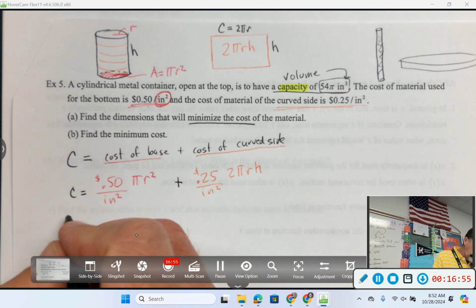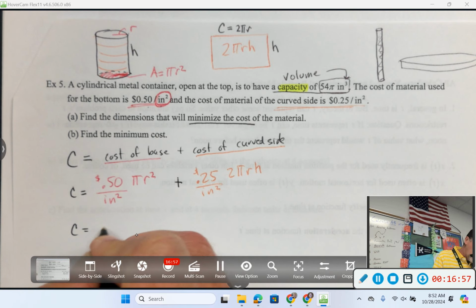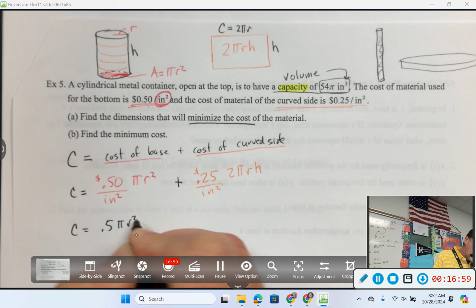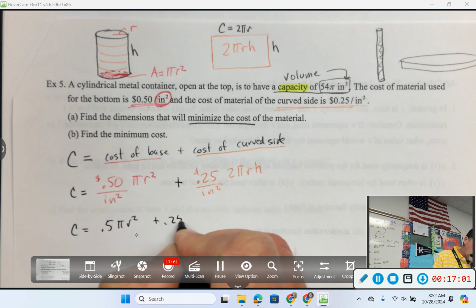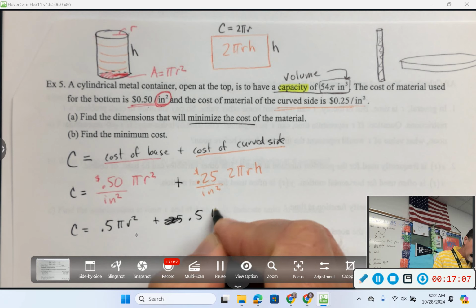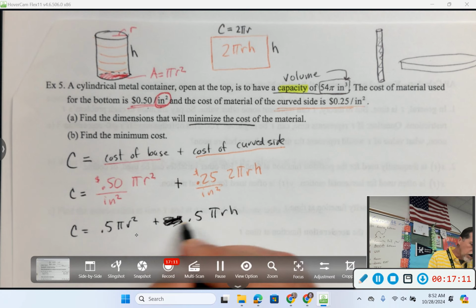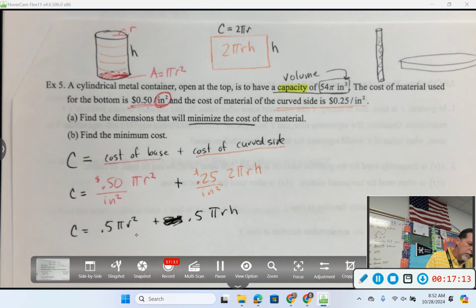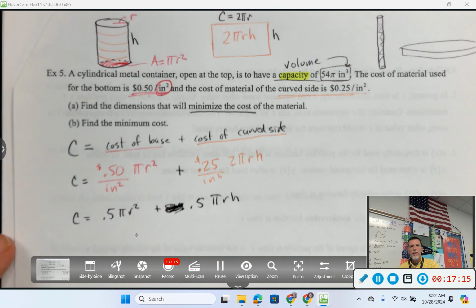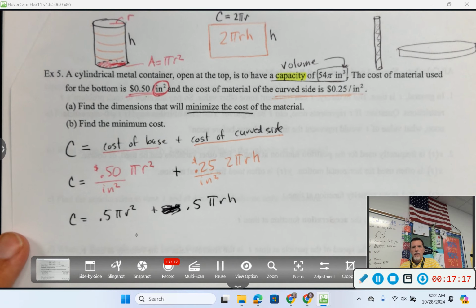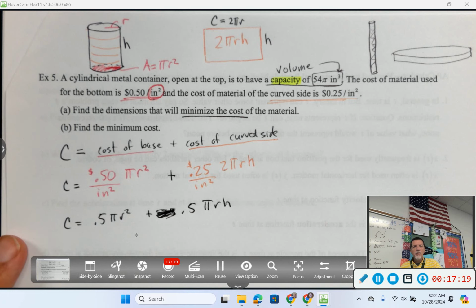Okay, so let's clean this up a little bit. So cost would be 0.5 pi r squared plus 0.25. You know what? Let's do 2 times 0.25 plus 0.5 pi r h, combining the 2 and the 0.25. Alright, that's what I want to minimize.